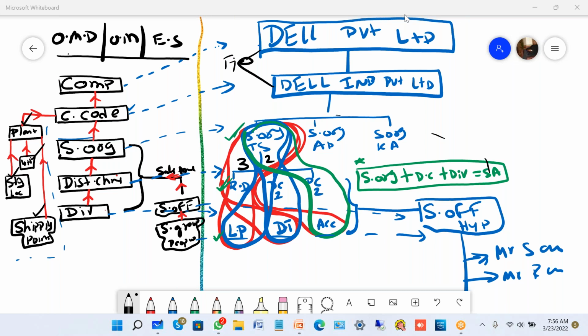Tomorrow I start partly, day after tomorrow I complete mostly. By the end of day after tomorrow's session, you will see the hierarchy of Dell that I started writing on the board here, working live in the system.